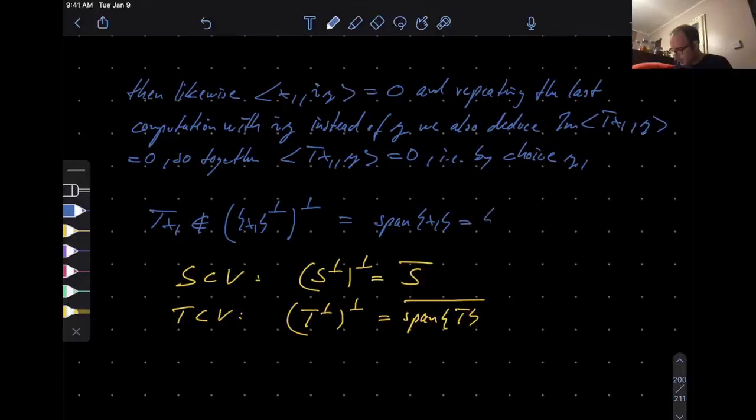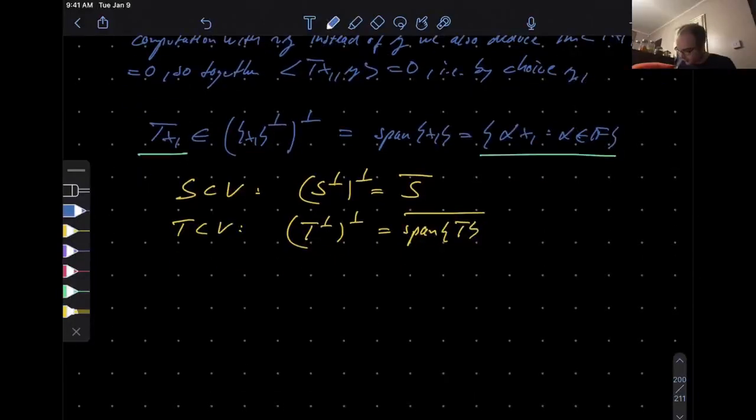But what is the span of x1? Well, I just said it, all linear combinations, alpha x1. This is a mistake, this is in there, and this here being in here is precisely the eigenvalue eigenvector equation. Tx1 is a multiple of x1, that's precisely the eigenvalue eigenvector equation.